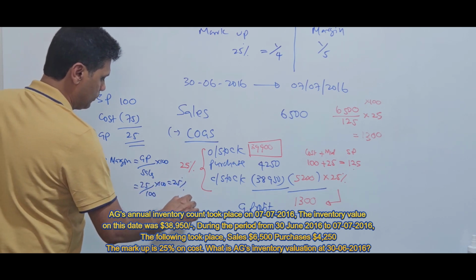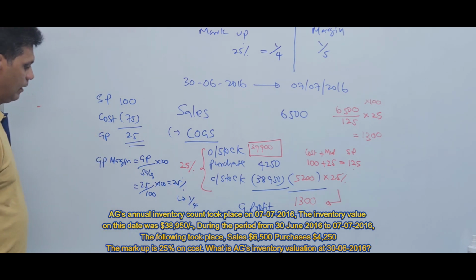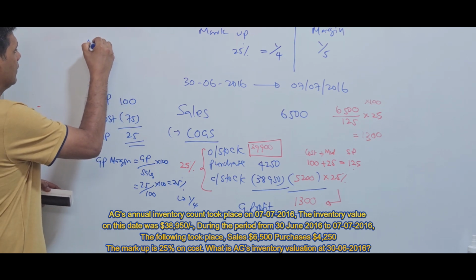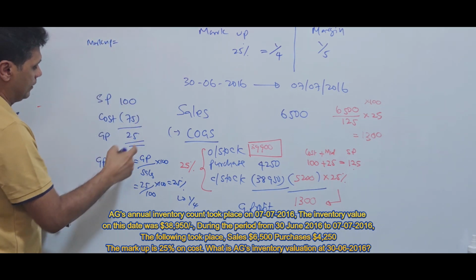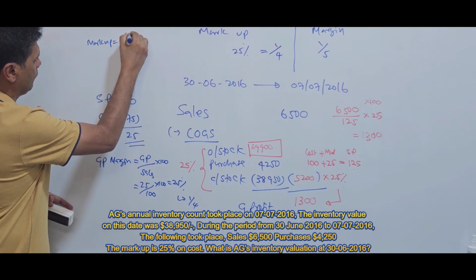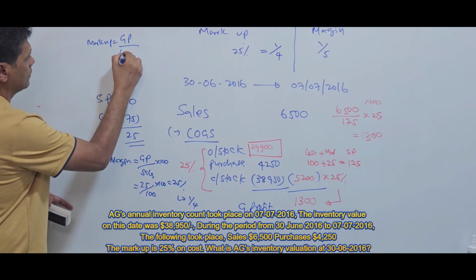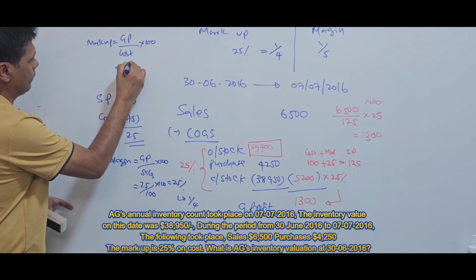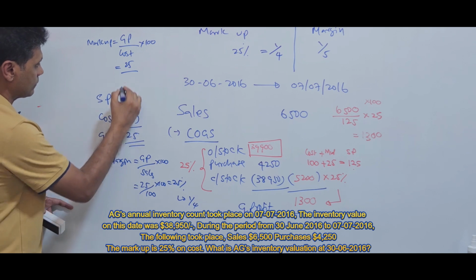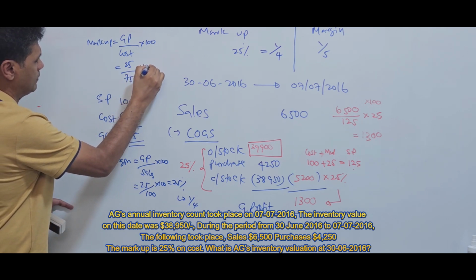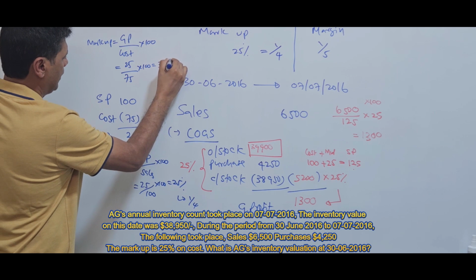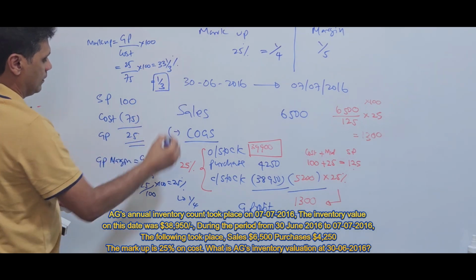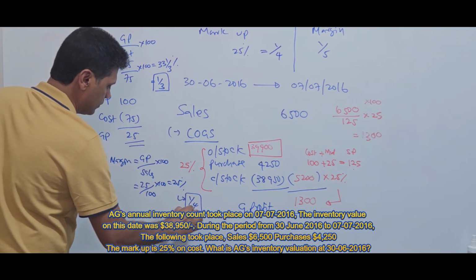If you convert this into a fraction, 1/4. And the markup is calculated based on the gross profit divided by the cost times 100. So here the gross profit is 25 and cost is 75, times 100 is 33 and 1/3, which is going to be 1/3.